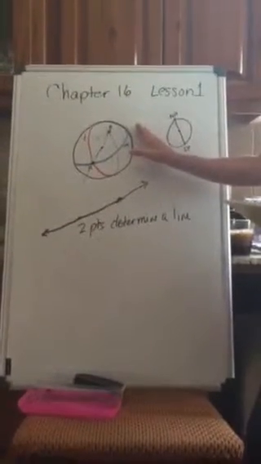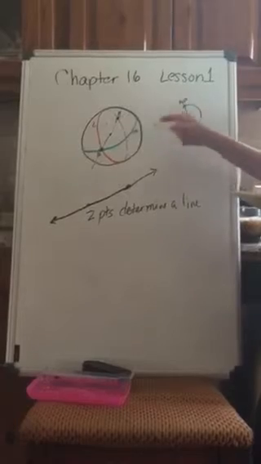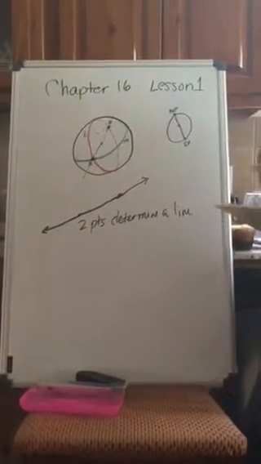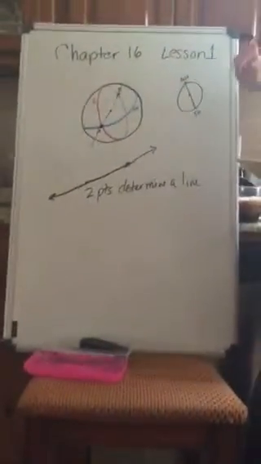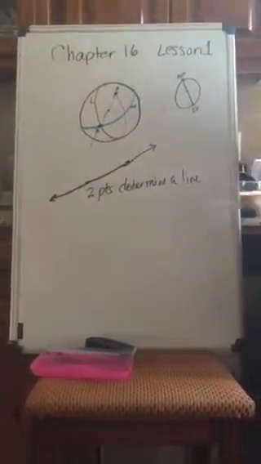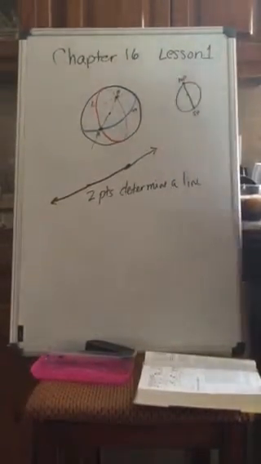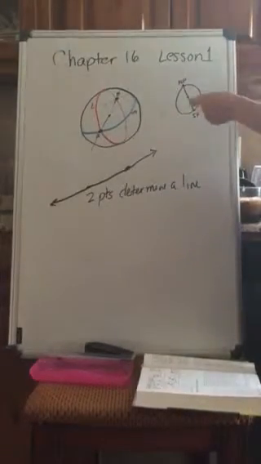Now, can lines drawn on a sphere be parallel? Could I draw a line on the sphere that would be parallel to line L? And the answer is no. Why? Because every great circle intersects another one.